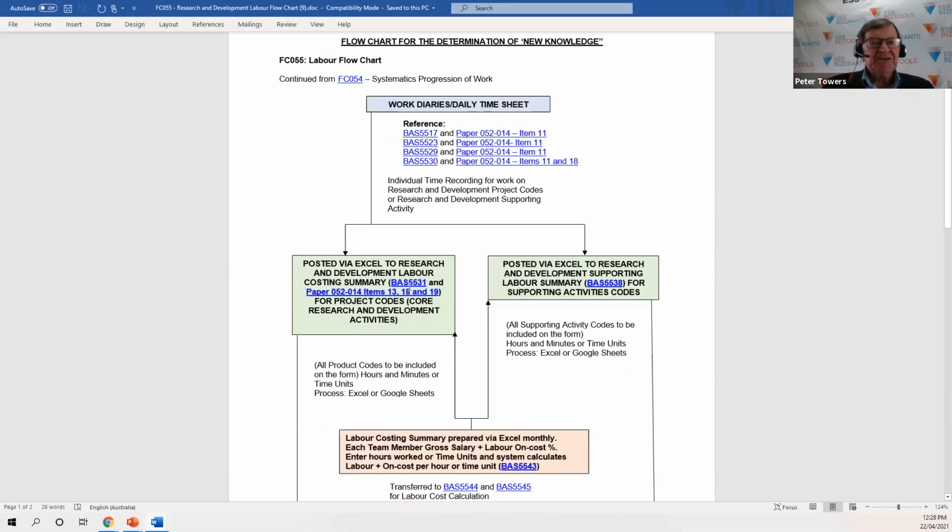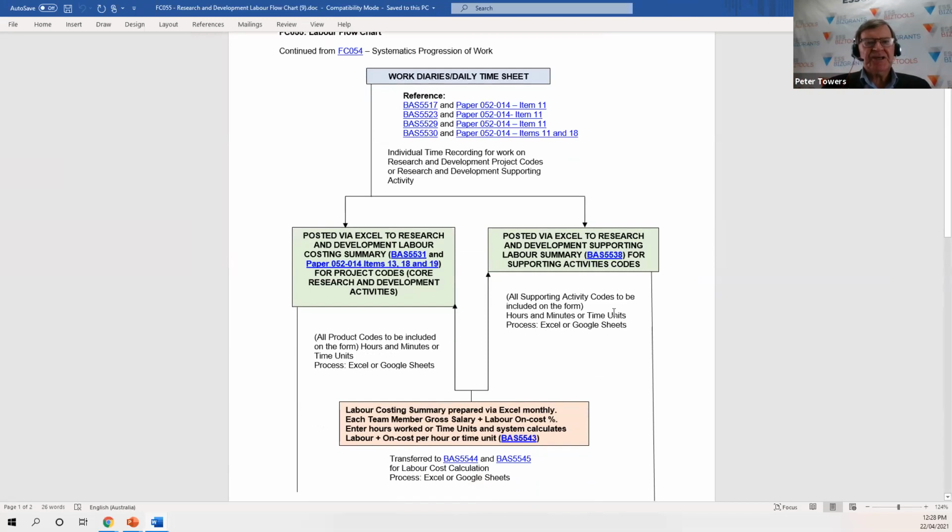And we've developed Excel spreadsheets, which are part of the workbooks that I referred to earlier, that enables that information to be recorded for each individual project code with details of the activities. And if it's a supporting labour activity, what's been done for the supporting activities codes.